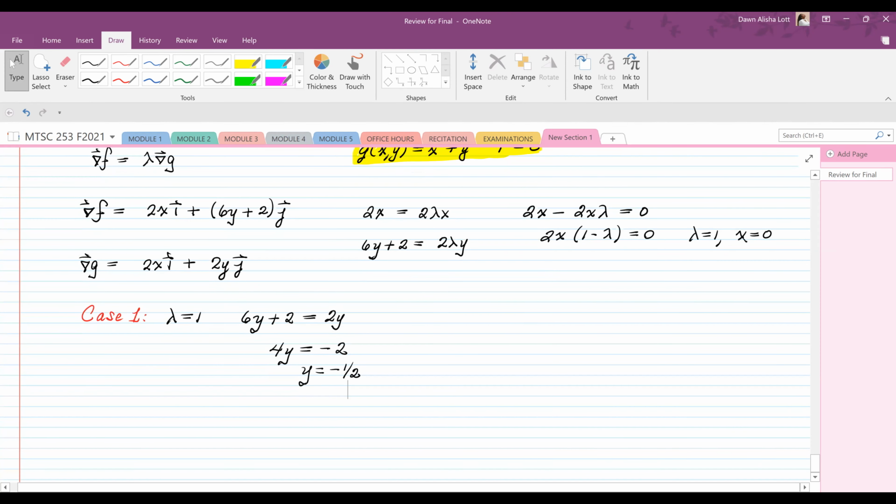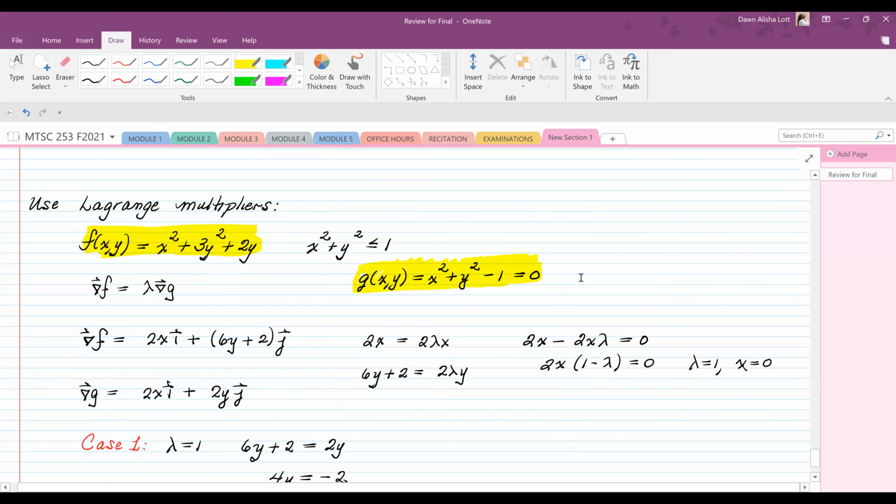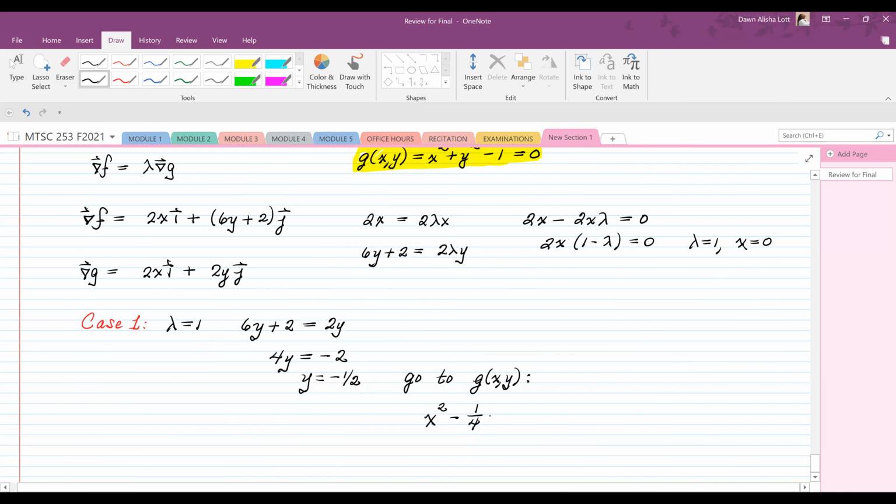So if y is -1/2, you go back up to g and solve for x. You get x squared plus 1/4 minus 1 equals 0.